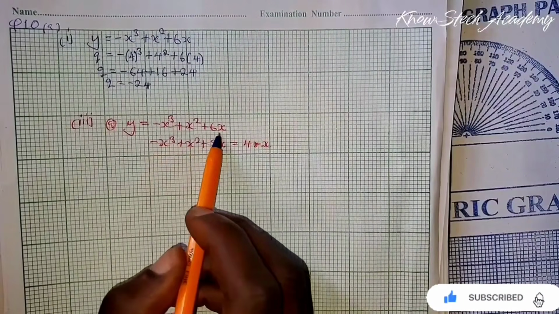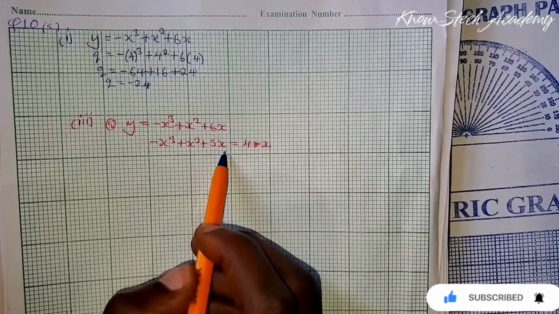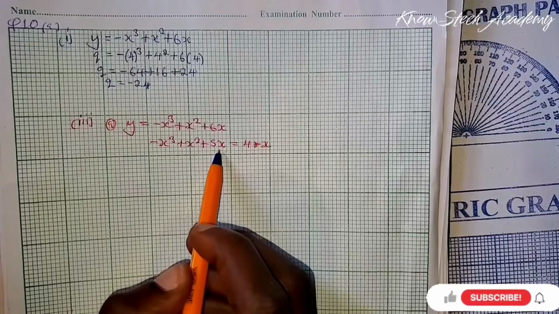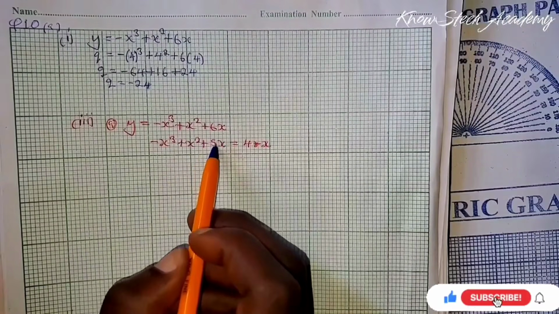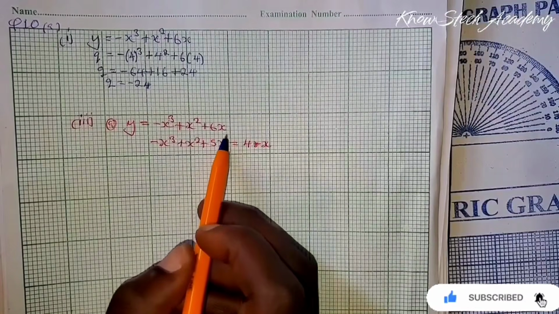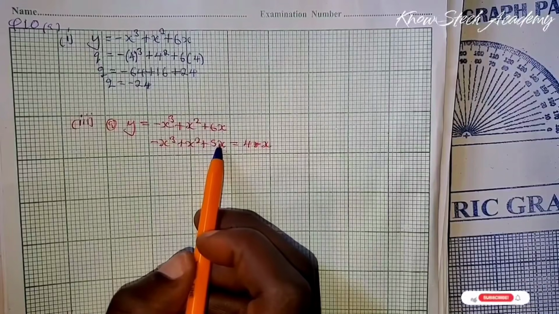Now, is this function here equal to this function? No, it is not the same. What is the difference? Here there is a 6x, here there is a 5x. So make it the same. There are two ways of making this the same.